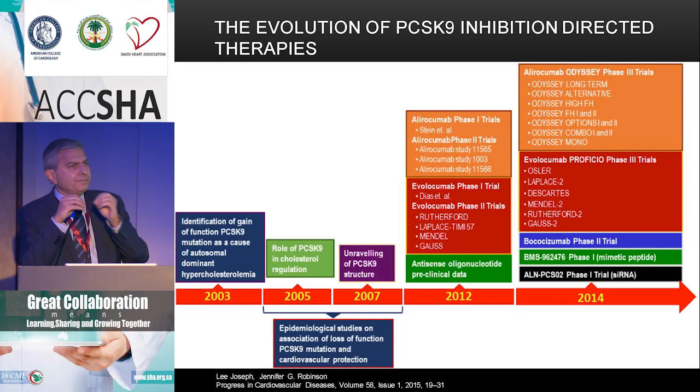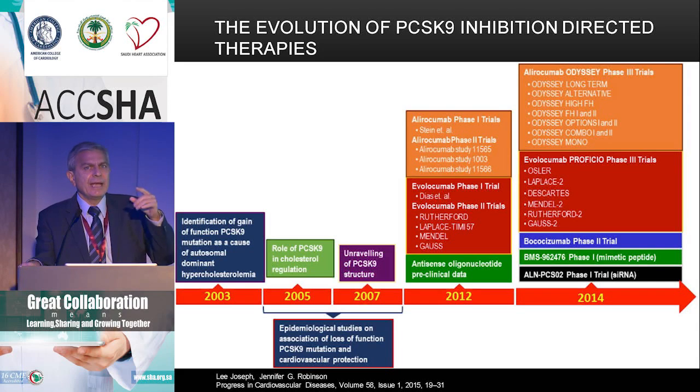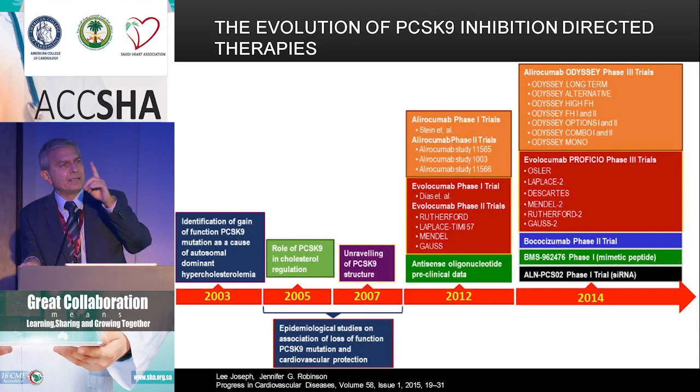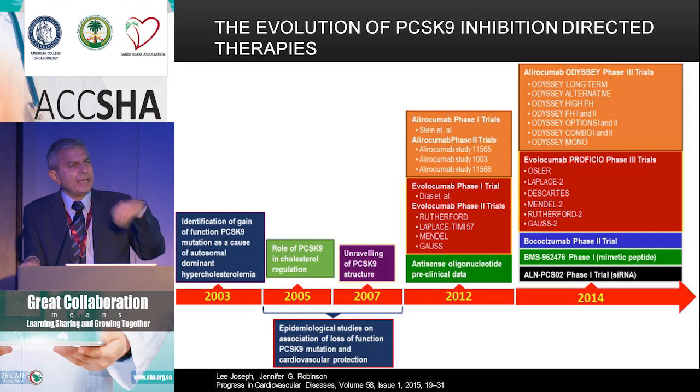The LDL is cleaned up from the circulation by complexing with the LDL receptor on the membrane of the liver. This gets recycled, the LDL enters the liver, and then there is a dissociation because of a low pH, and the LDL receptor is going to recycle to the surface to engulf more LDLs.